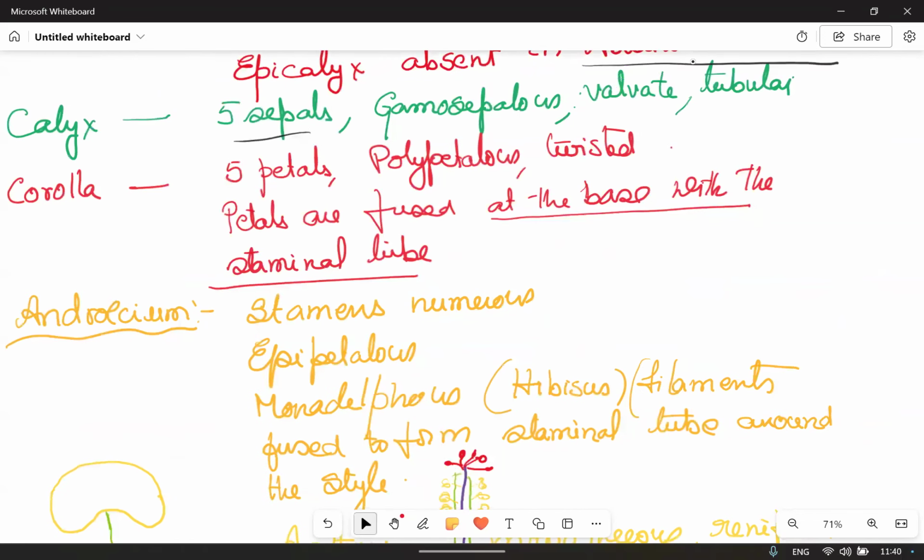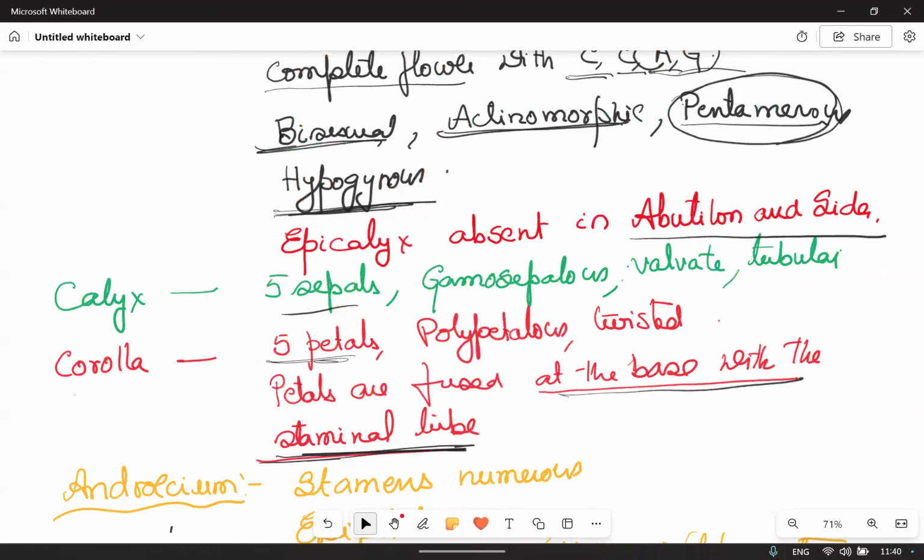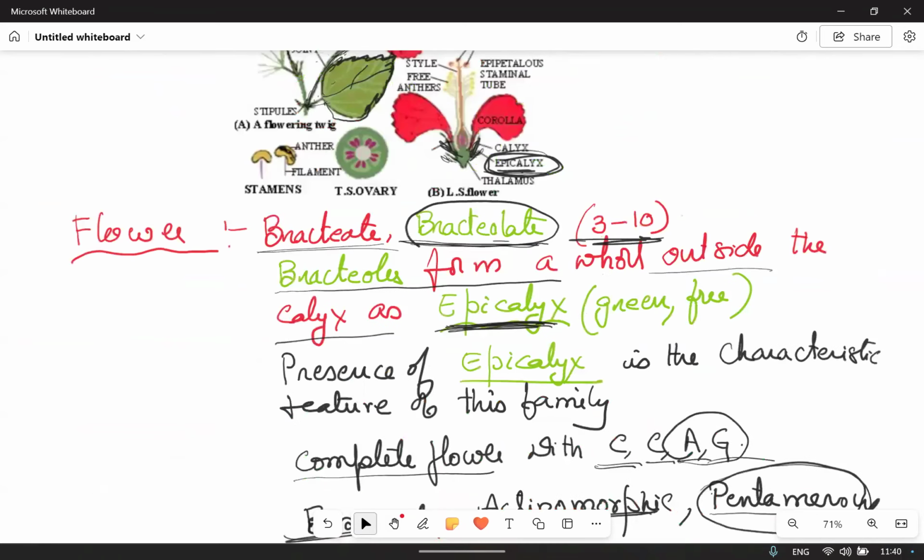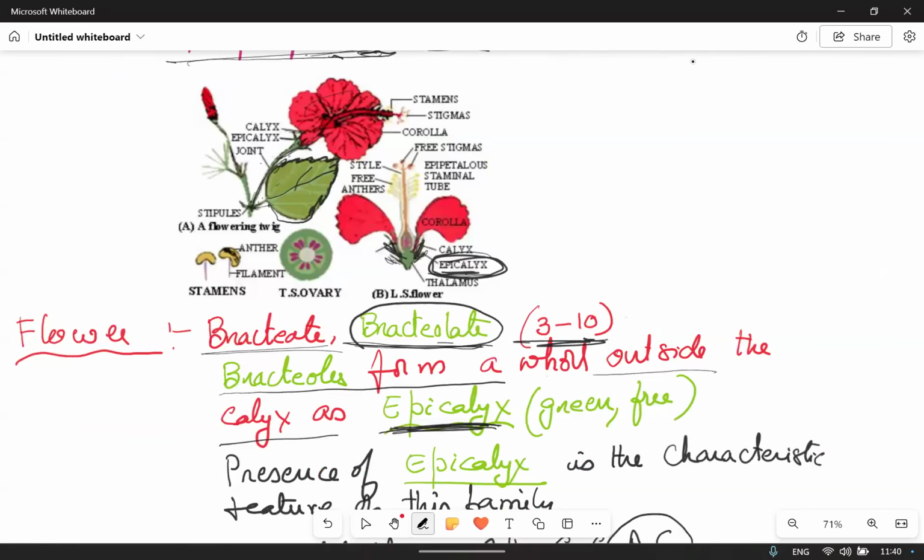Then here, another important one. When you observe the flower, all these petals are fused at the base with the staminal tube. What is the staminal tube? In the androecium, numerous stamens are present, and all those stamen filaments are fused to form a staminal tube.